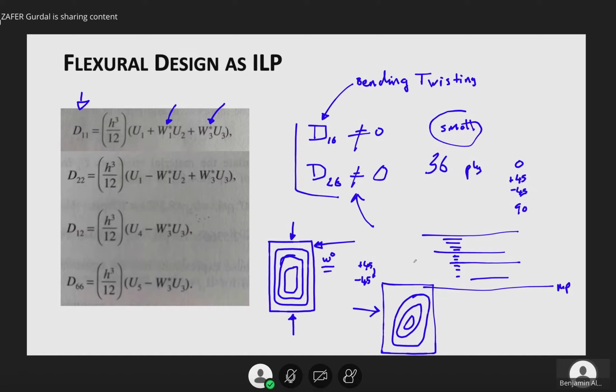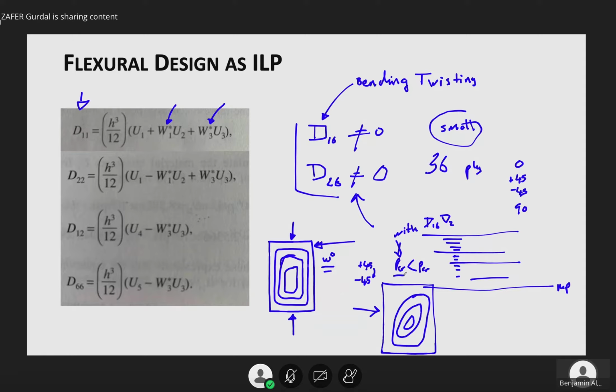If you do the computation, this has a buckling load P critical with D16, D26, which are large, which is smaller than the P critical of a laminate without the D16, D26 coupling terms, or where they are negligibly small.